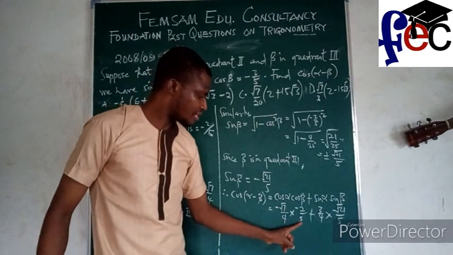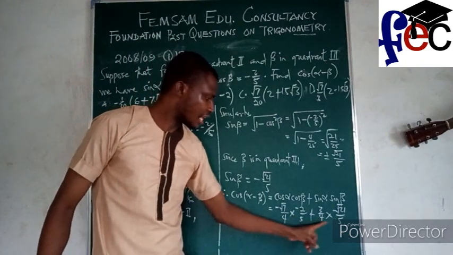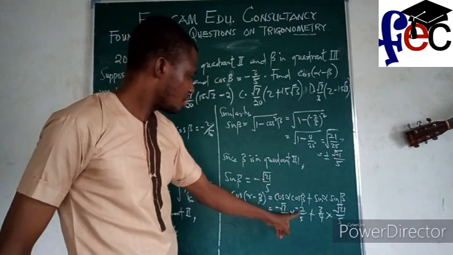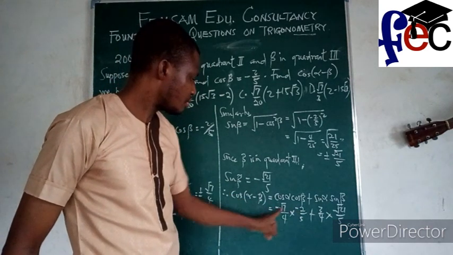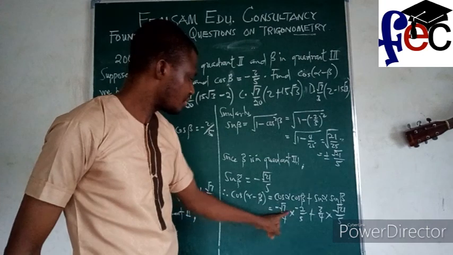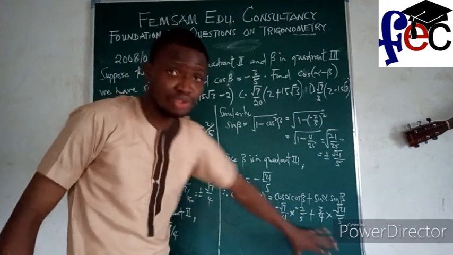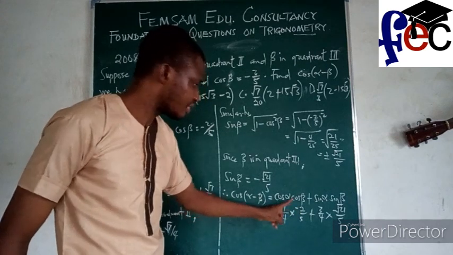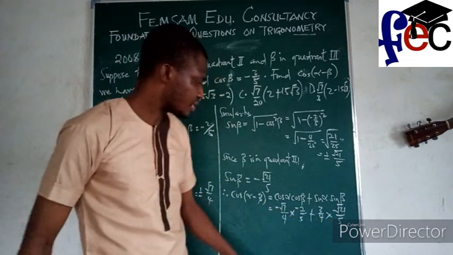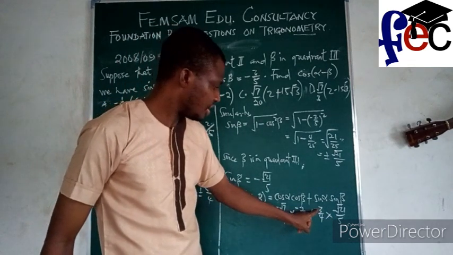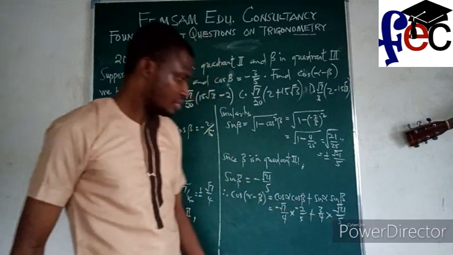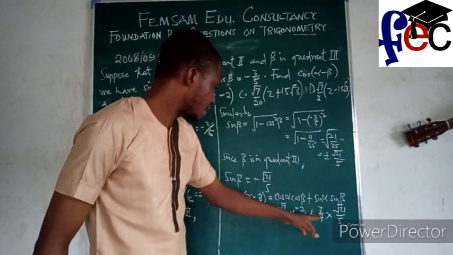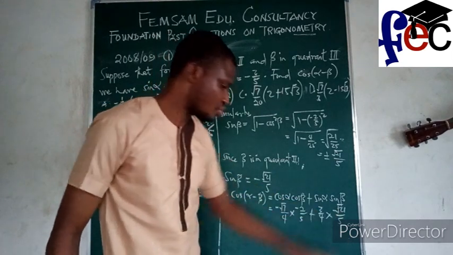This times this is 20. This times this is 20. Now this one will give me minus root 7 times minus 2, so this will give me plus 2 root 7. What about this? This will give me 3 times minus root 21, so this will give me minus 3 root 21.